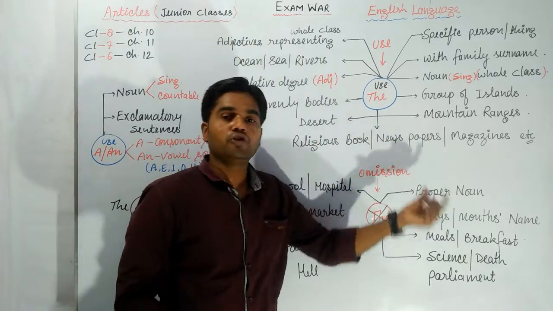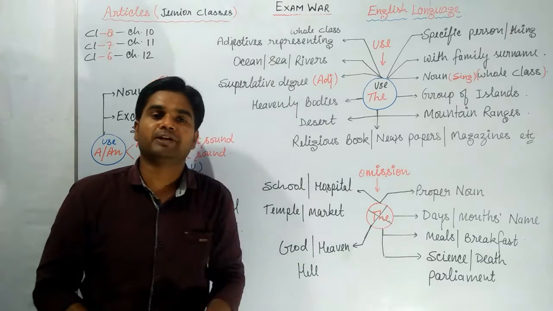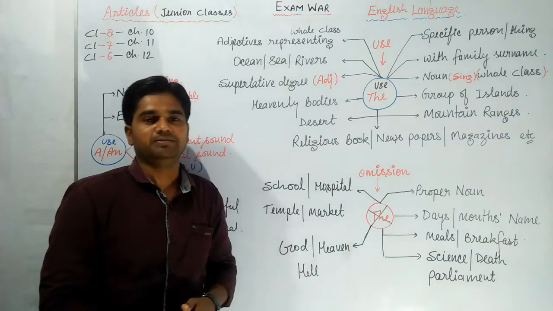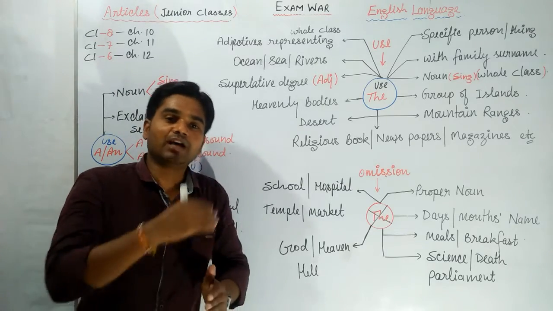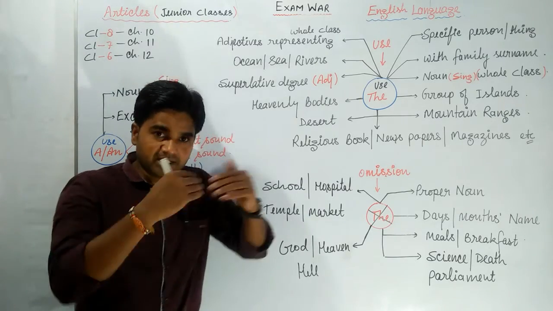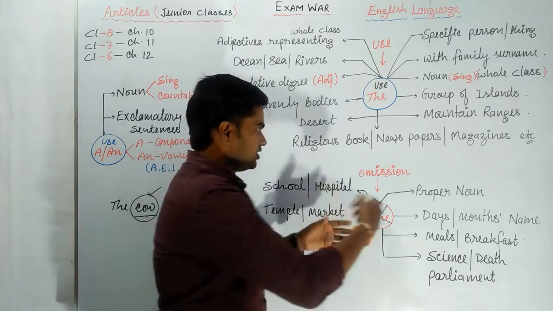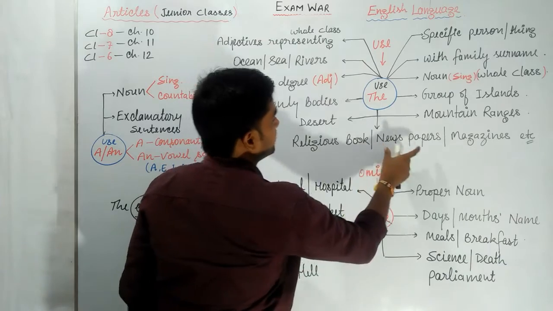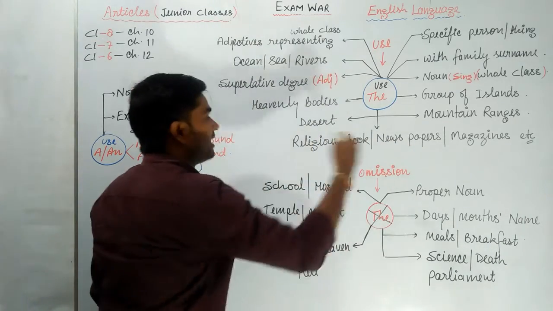And newspapers, we also use article the before newspapers. For example, the Times of India, the Hindustan Times, the Hindu, the Statesman. So these are famous newspapers that I told you, so article the is used before newspapers. Some magazines also.